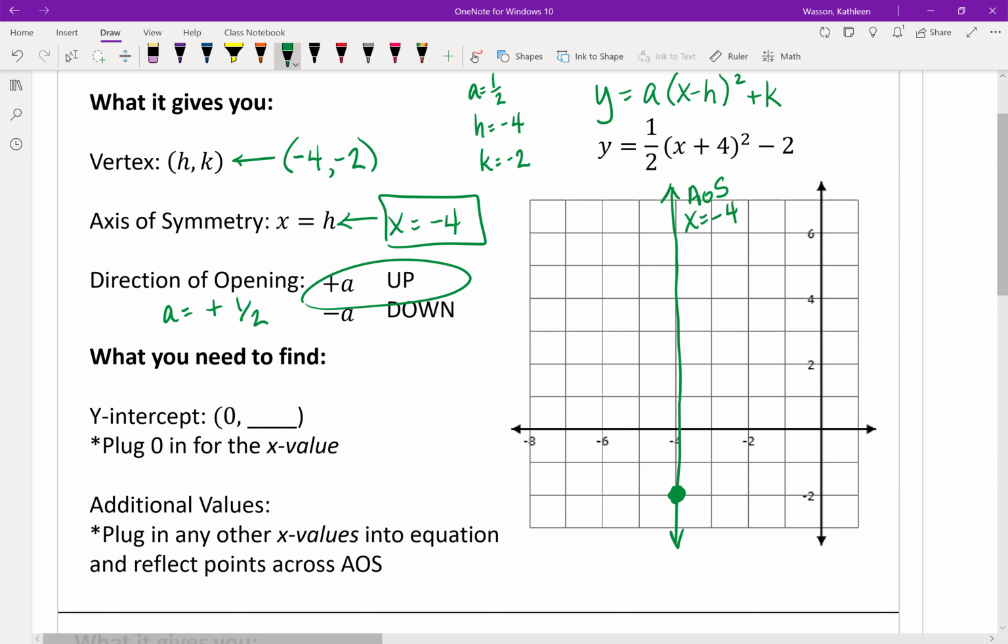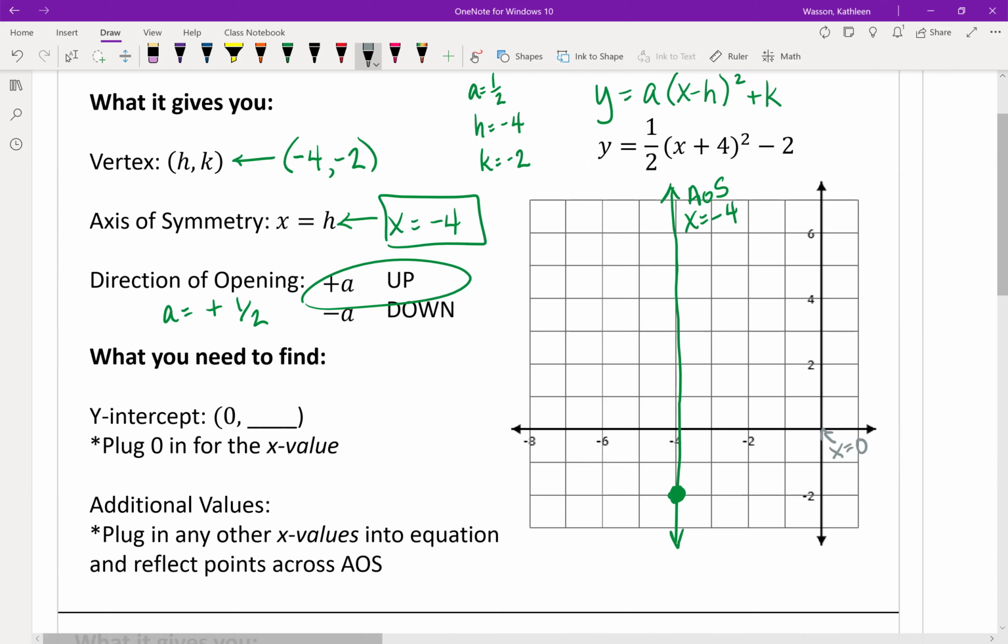What I don't know from the way this equation is formatted is where my graph will cross the y-axis. X equals 0 on the whole entire y-axis. Right? So if I want to know where my graph crosses y, I put 0 for x and I can do a calculation.